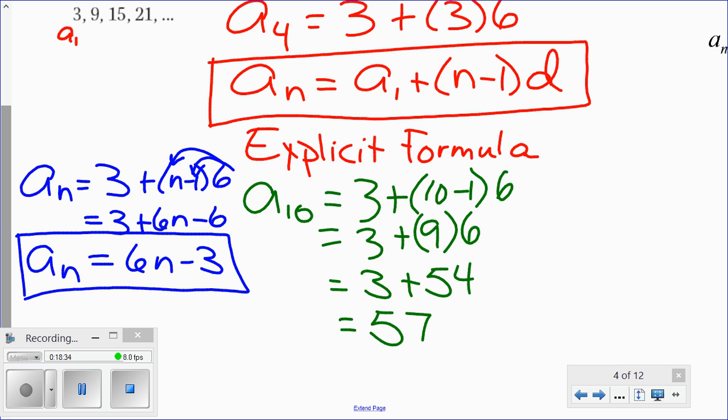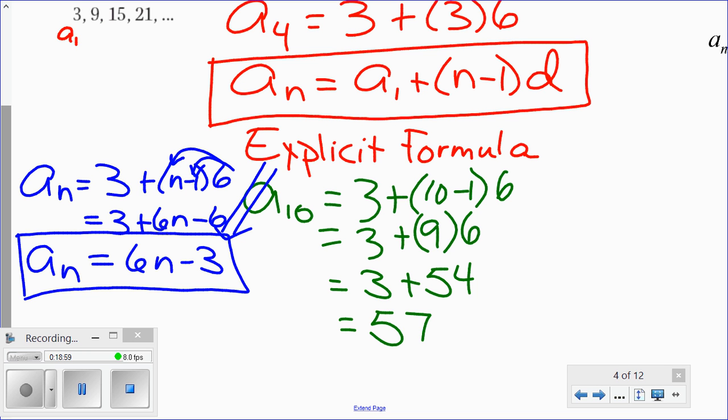Doesn't that look like y equals mx plus b? It is. Okay? So we can go from our explicit formula down here to the linear version of it. So we could graph this then. Remember, with n on the x-axis and a sub n on the y-axis. We wouldn't connect the points in between them, right?